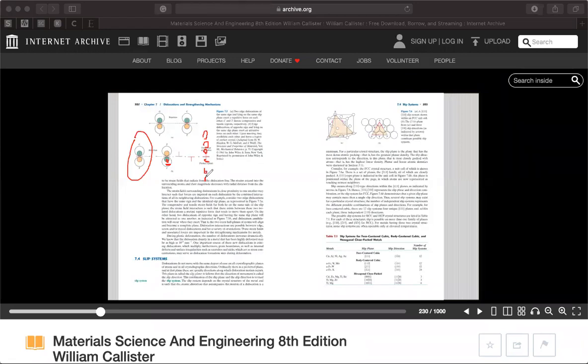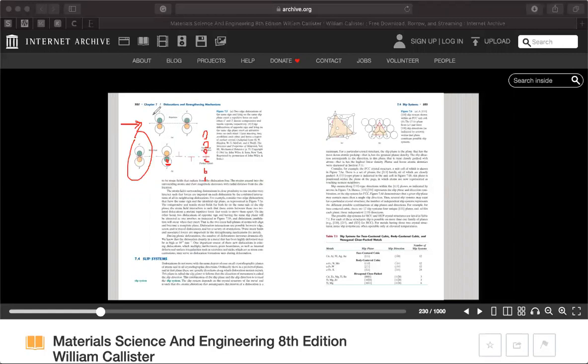Now, if you look inside the material, one possible scenario is to have repulsion. So what's going to happen if you want to push this dislocation in this direction, and this dislocation meets another dislocation with the same sign?